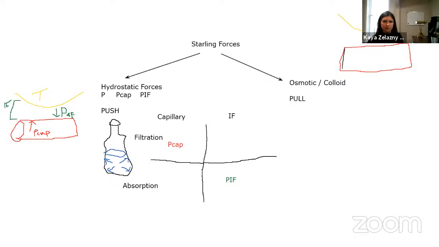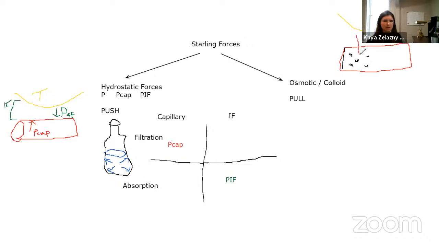So if we're thinking about the osmotic pressures, we're going to be thinking about the pressure caused by, first, proteins in the blood. So we're going to have proteins in the blood, and they are impermeant solutes, so they can't cross those endothelial layers. So which direction is that force going to go?